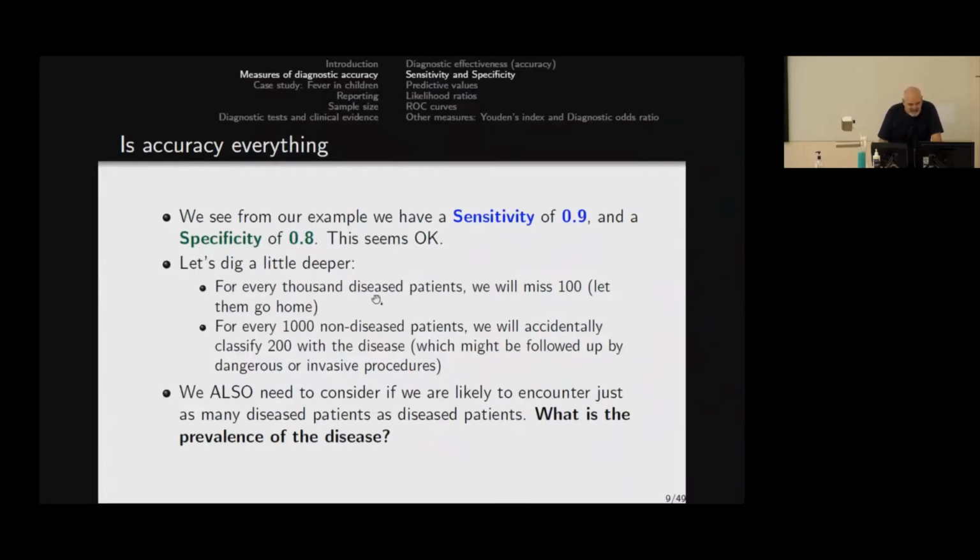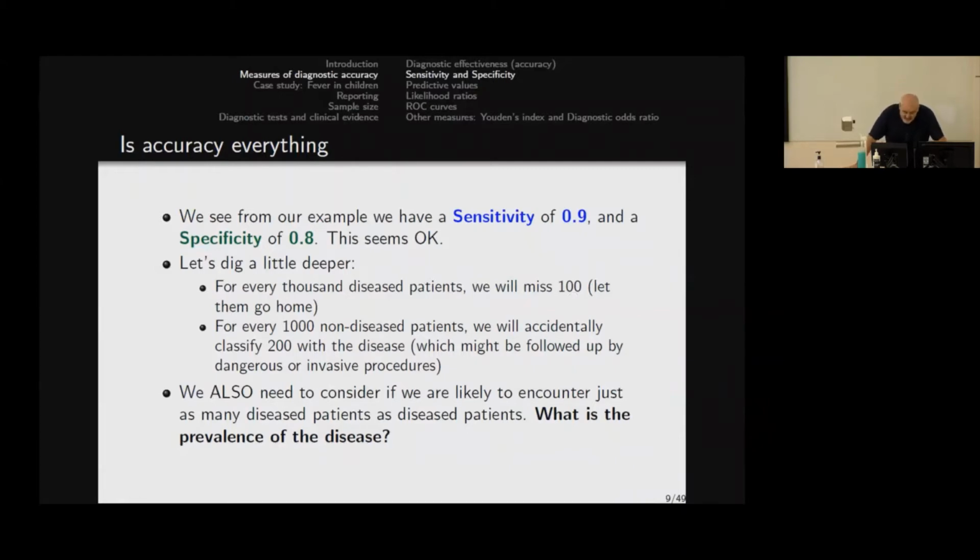And just digging a little bit deeper, for every 1,000 disease patients, we will miss 100. So this is about the cost of having a lower or higher sensitivity and the cost of having a higher or lower specificity. And we really do need to think about it because it does change over various applications. I mean, how bad is it to miss a case?